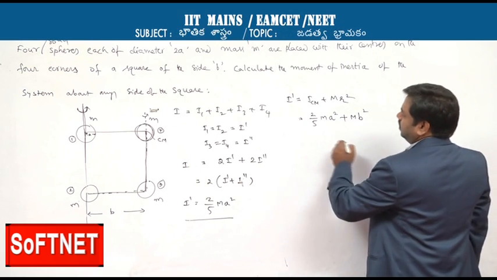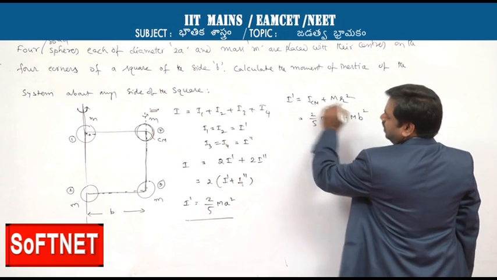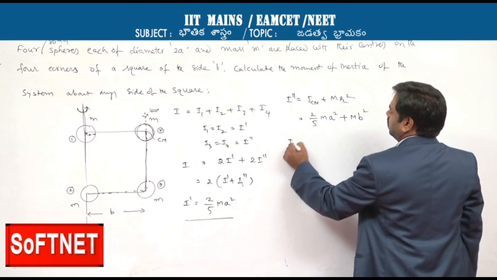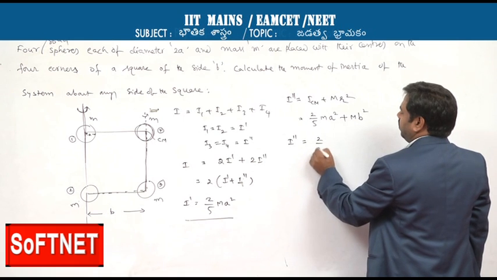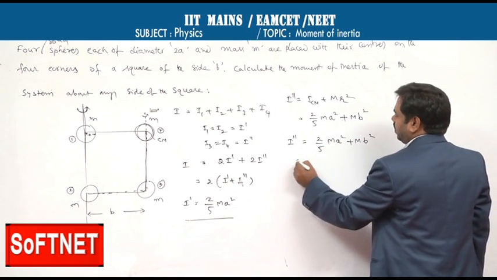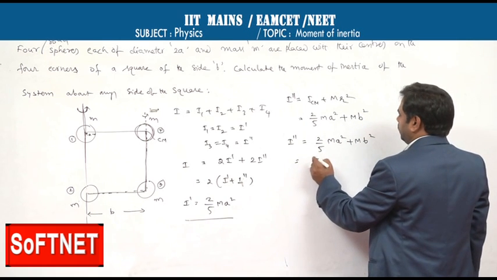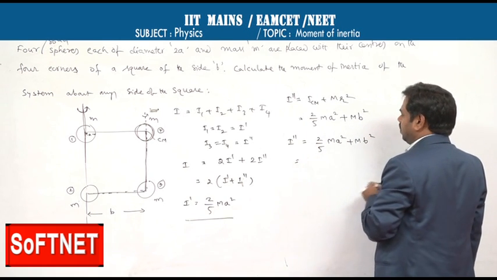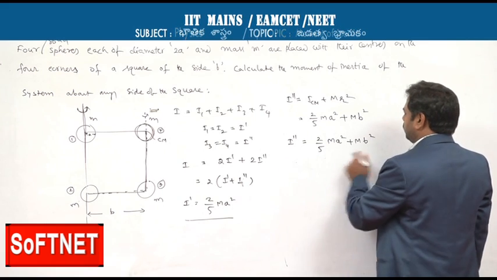Now I will write I double dash is equal to 2 by 5 m a square plus m b square. Or m is taken common, whether you take it or not, nothing will happen. Leave it like this only.